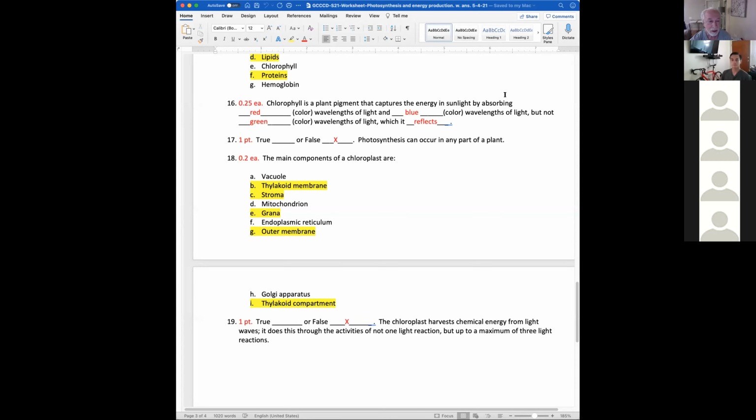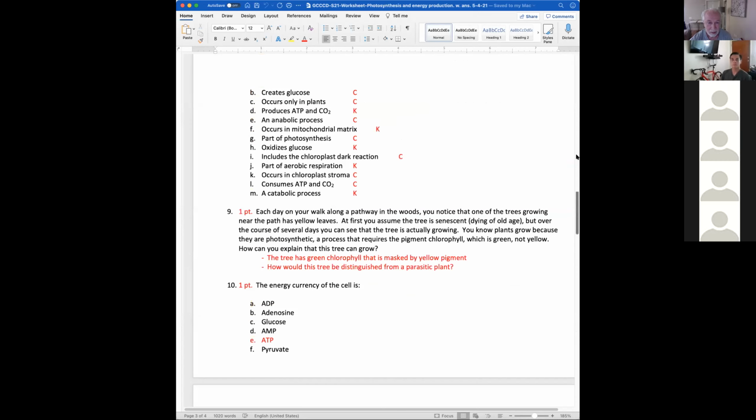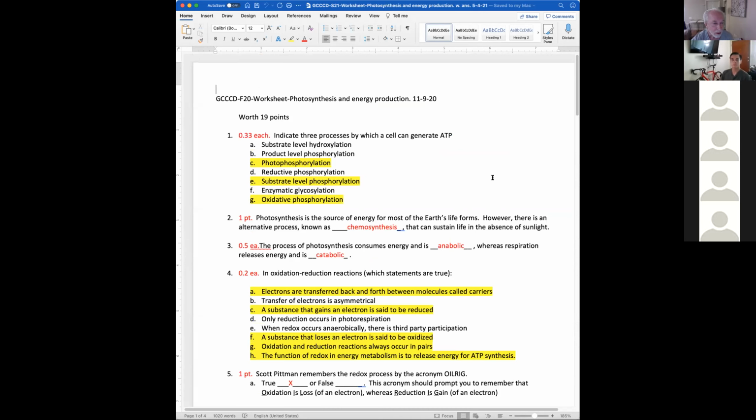Okay. All right, first let me point out that in the assignment, it said that this worksheet was worth 20 points. It's really worth 19. So if you think your score was 1 point too low, that's why.